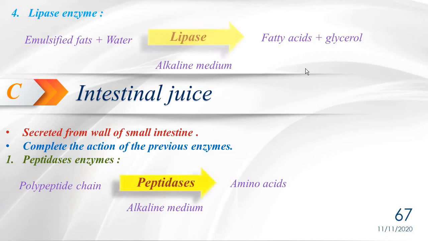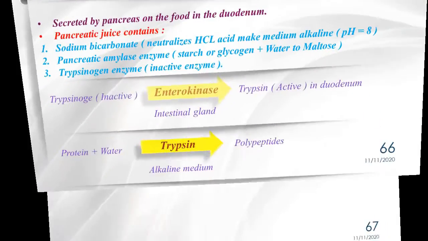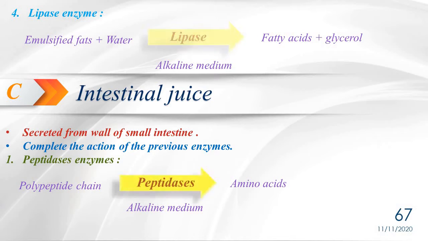Lipase also works in an alkaline medium. And here we have intestinal juice. So we have bile juice, pancreatic juice, and lastly intestinal juice, which is secreted from the wall of the small intestine.